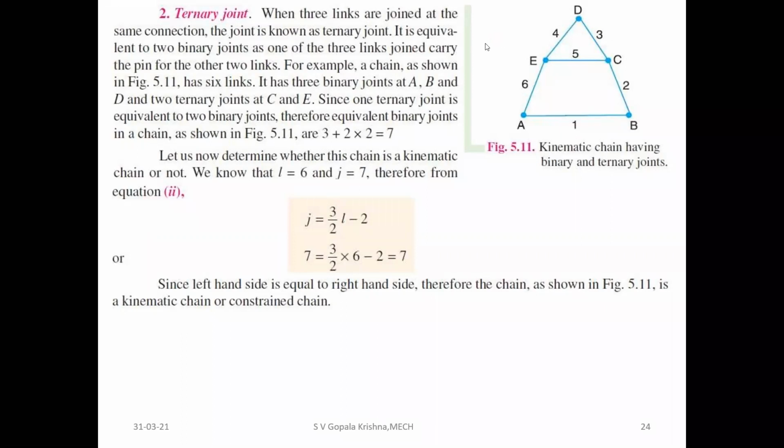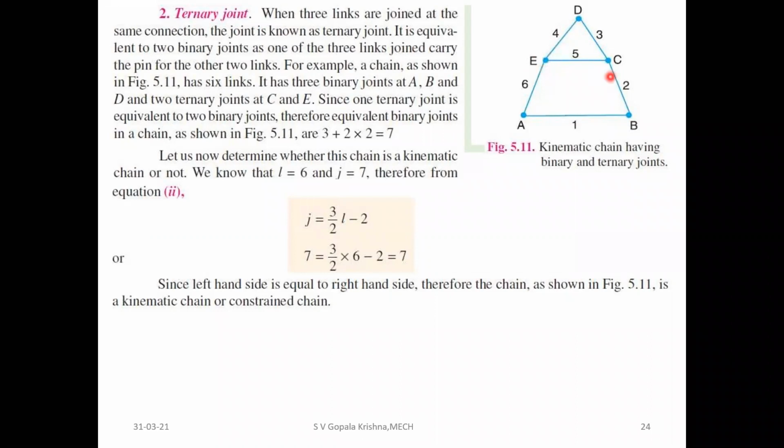Here 3 and 4 is a binary joint, and observe our E portion. The 4th link, 5th link, and 6th link are there. How many links are connected here? 3 links are connected at point E, so it is a ternary joint.